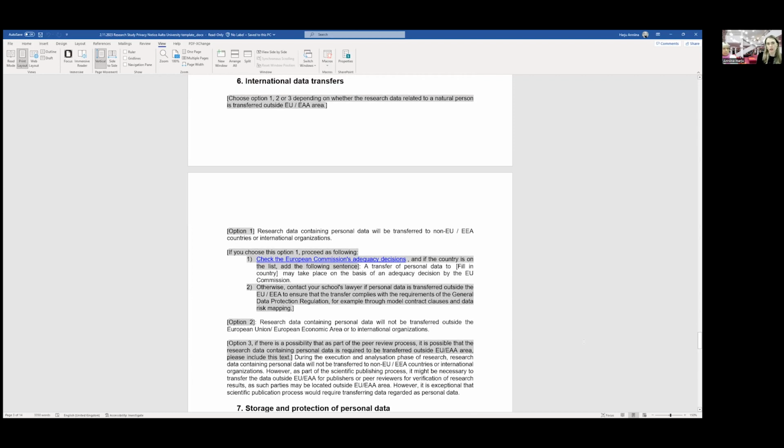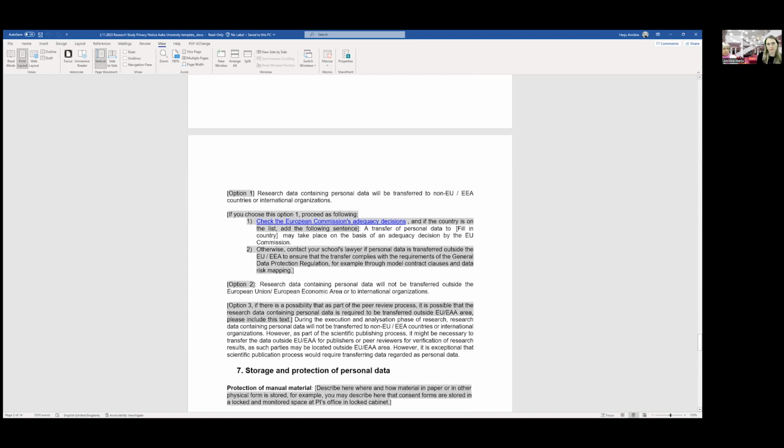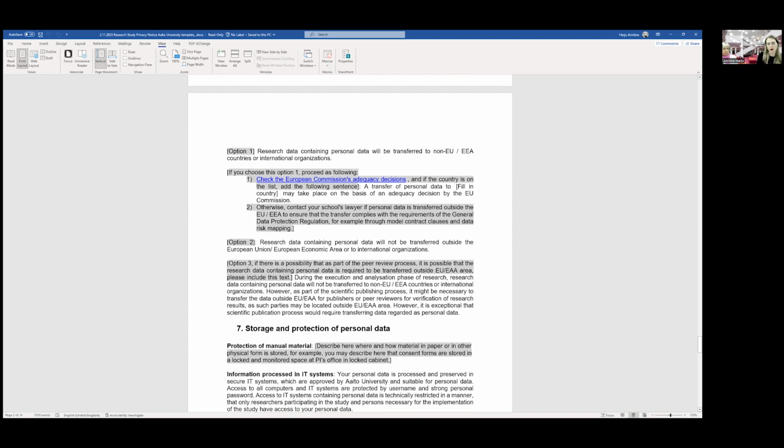So what we recommend is that if you have one of these cases where you have a collaborator or you would need to transfer the personal data outside the European Union and the country is not on that list, you would need to contact your school's lawyer to help you with ensuring the GDPR compliance of the transfer and help you with making the needed documents.